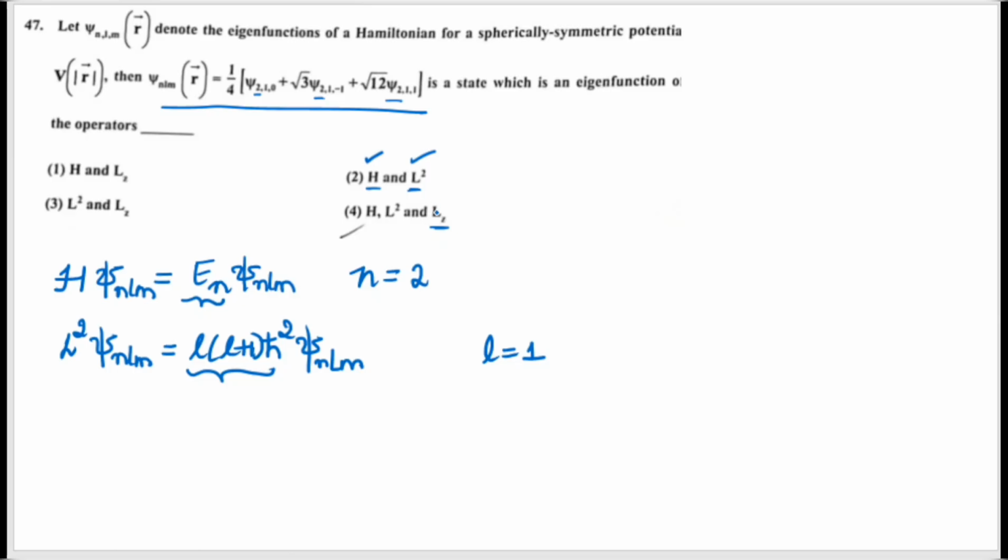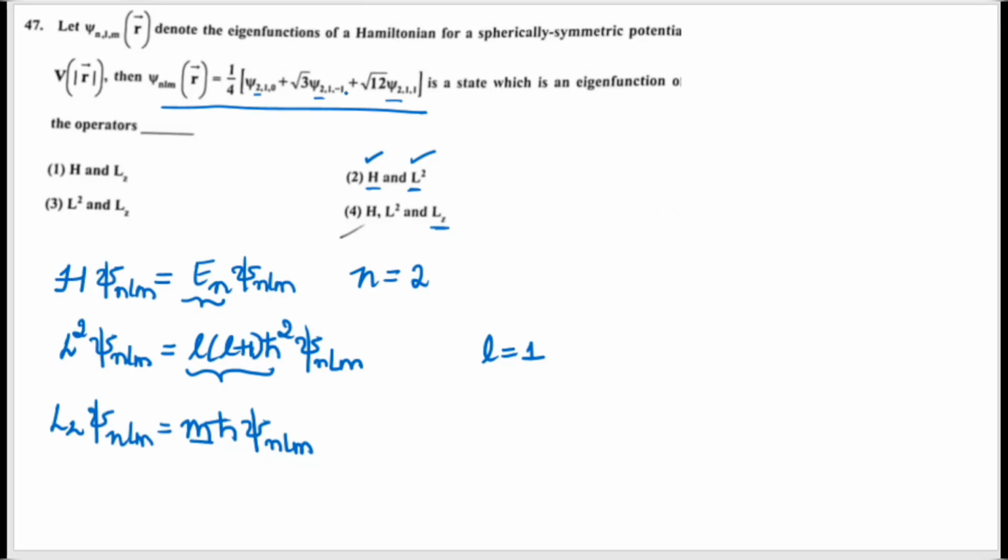Now we shall see for the LZ operator. When LZ acts upon psi of NLM, the given state function for a spherically symmetric potential, that gives rise to an eigenvalue M into h cut, psi of NLM. This M is the magnetic quantum number. Here L is the orbital quantum number. So what is M in all three state functions?